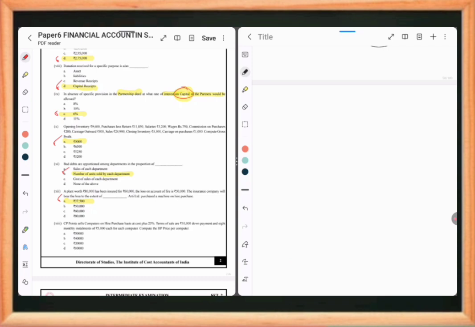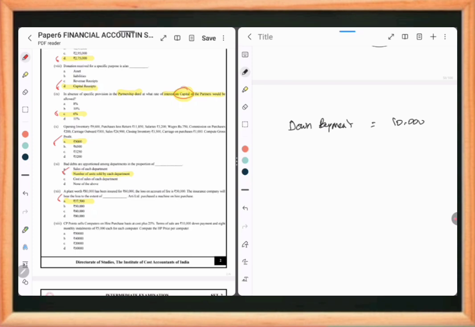Hire purchase means how much down payment is there. Actually, the down payment at the time of purchase, that is the terms of sale down payment, that is 10,000 rupees.